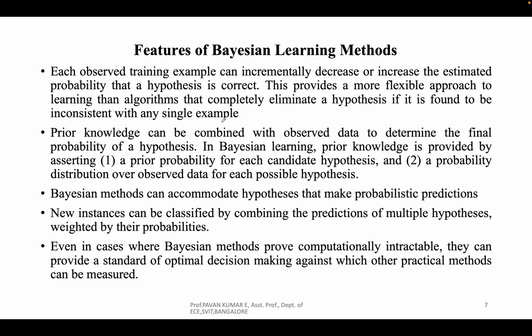Now, the features of Bayesian learning methods. Each observed training example can incrementally decrease or increase the estimated probability that a hypothesis is correct or not. In the previous module, we saw the solution of hypotheses, and now we are going to make a prediction on it. Here we are going to have an estimated probability that a hypothesis is correct or not.